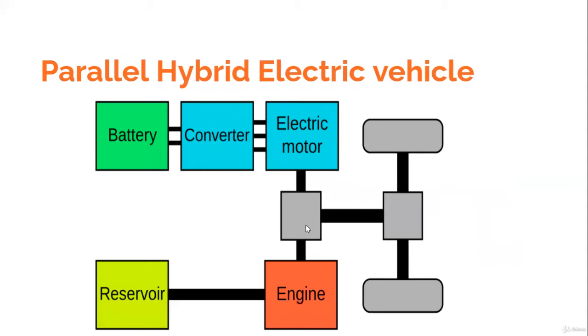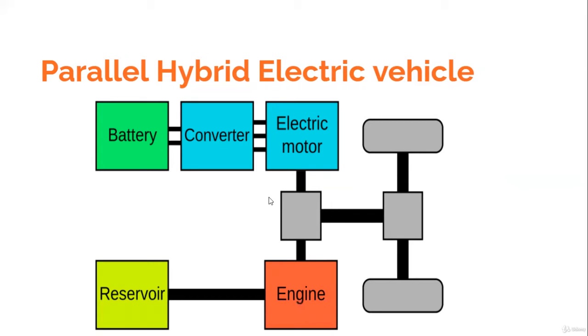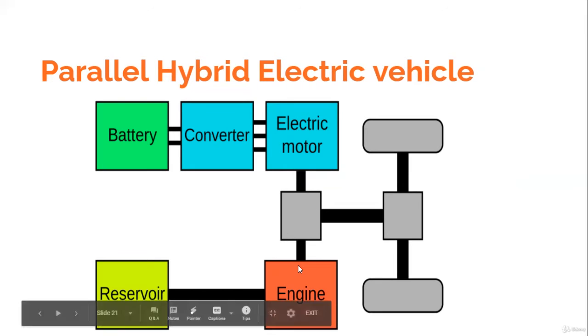It can be considered as an IC engine vehicle with electrical assistance. One can look at it from this perspective, that it is an IC engine driven vehicle with the assistance from the electrical motor and a battery system. The energy storage in such a vehicle can be charged by the electrical motor by means of regenerative braking, or it can be charged by the engine itself when it produces more power than is required to drive the wheels.